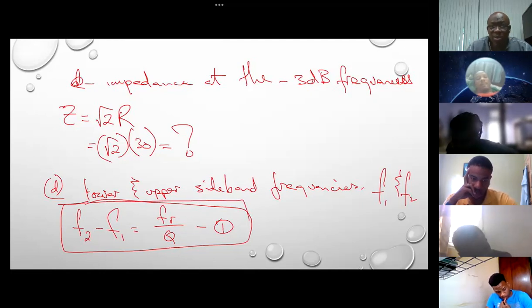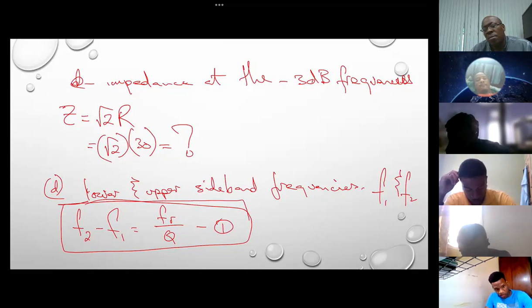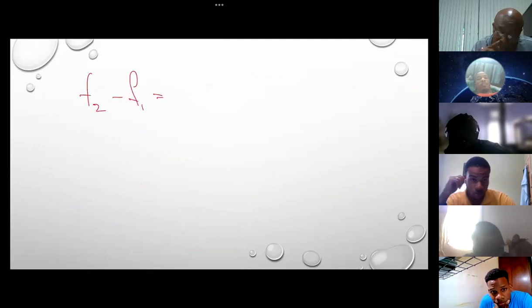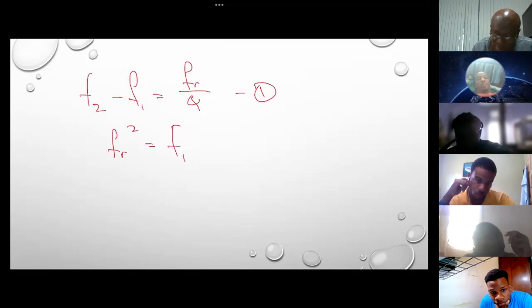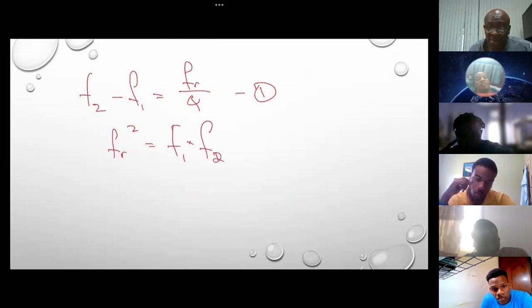But what other expressions did you end up with for F1 and F2? FR is equal to the square root of the product. Absolutely. So the first equation was that F2 minus F1 is equal to FR over Q. So that's one. And then you had that FR squared was equal to F1 times F2. Isn't that so?